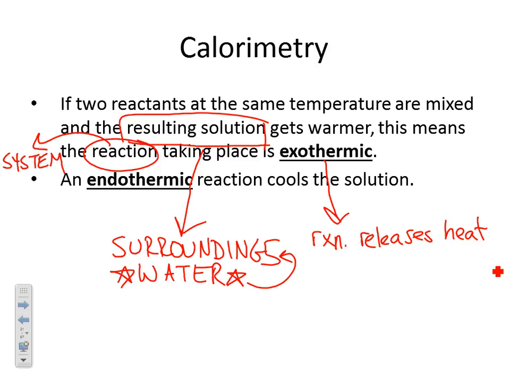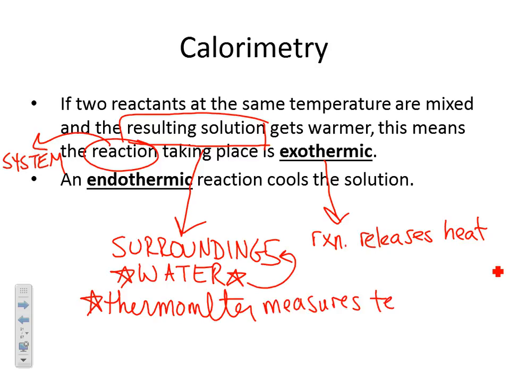However, think about what you're measuring with your thermometer. Your thermometer, which you have in there, that is measuring the fact that a solution got warmer, the thermometer is really measuring the surroundings, realistically. Your thermometer is not really measuring the actual chemical reaction that's taking place.